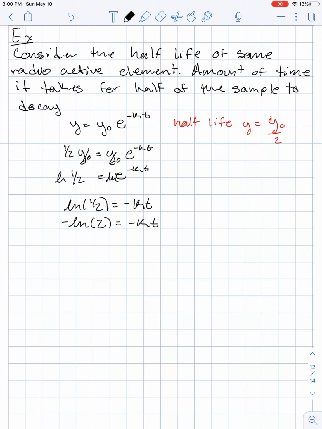So I'm going to use negative ln of 2 equal to negative kt, and then divide by k. So that will get ln of 2 divided by k equals t. Then my negatives will cancel out.